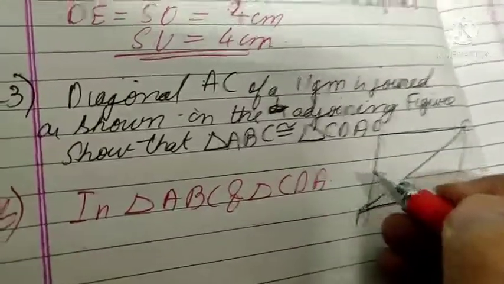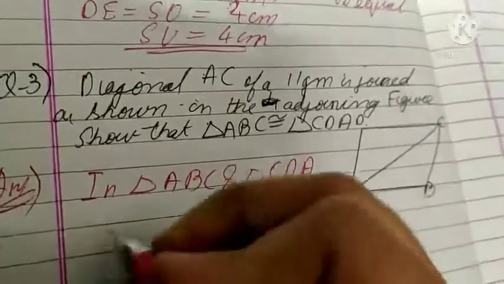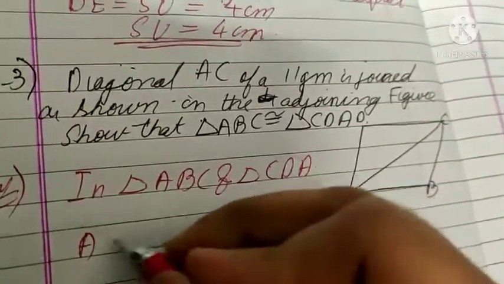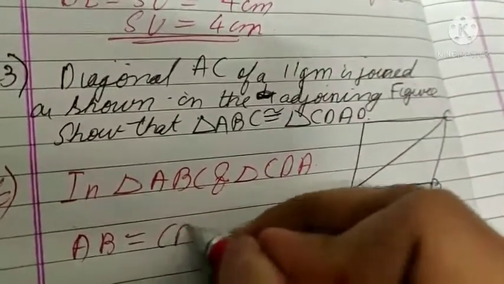CDA, in these two triangles, this side AB is equal to the side CD. Why?